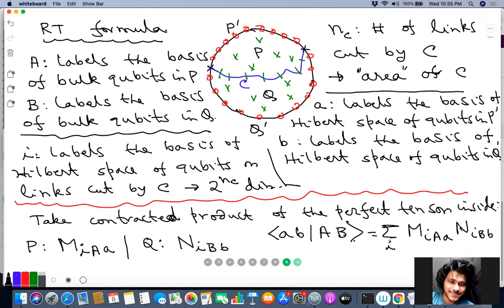Excuse me, sir. Yes, go ahead, please. Should one of them not be complex conjugated because we are taking the inner product of two vectors, state and bra? Okay, so let's not worry about this. Indeed, one of these indices will be complex conjugated. Well, maybe I should say it this way: the way you are thinking of, you are just transferring the input to output.